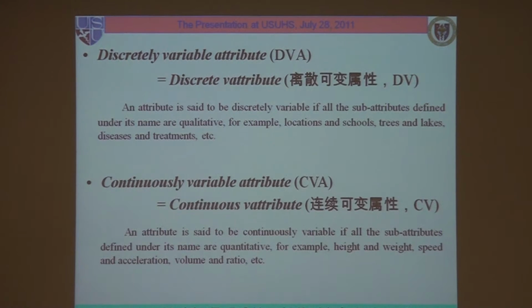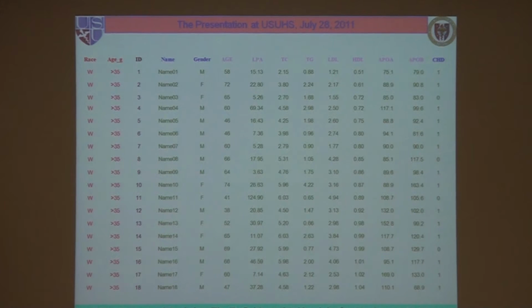So we have two different kinds of attribute. And here in this table, the name and the gender, as well as the CHG, coronary heart disease, are discrete attributes, and the pink ones are continuous.